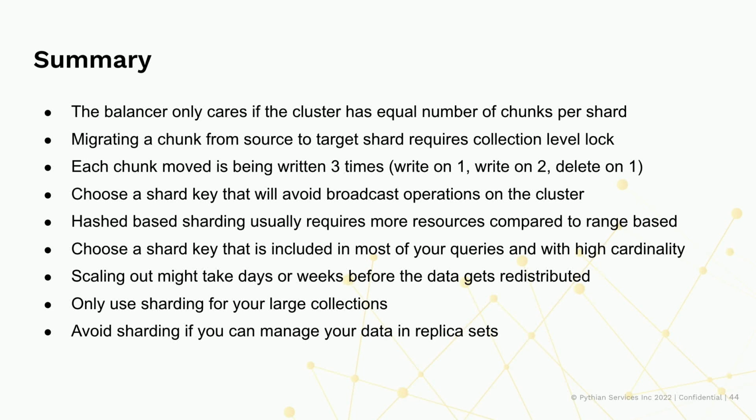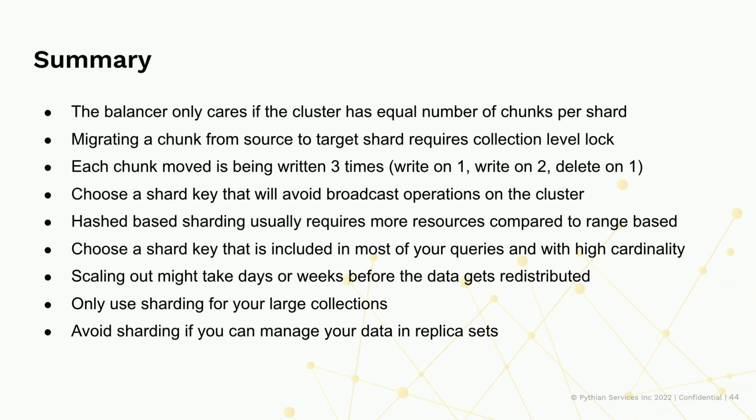When a chunk is migrated, three write operations happen. The chunk is first written into shard A. Then, when it's migrated, it's copied over to shard B and deleted on shard A. So ideally, you should think of having a shard key and balancing your data so that the balancer doesn't have to do much work rebalancing data across the shards.